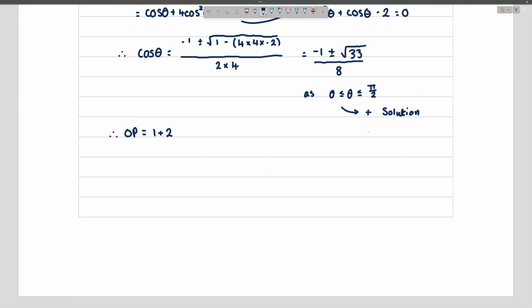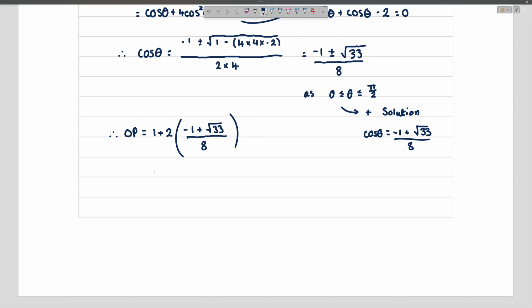If I just make a note underneath, cos theta is equal to -1 plus root 33 over 8. So 1 plus 2 lots of -1 plus root 33 all over 8, like so.